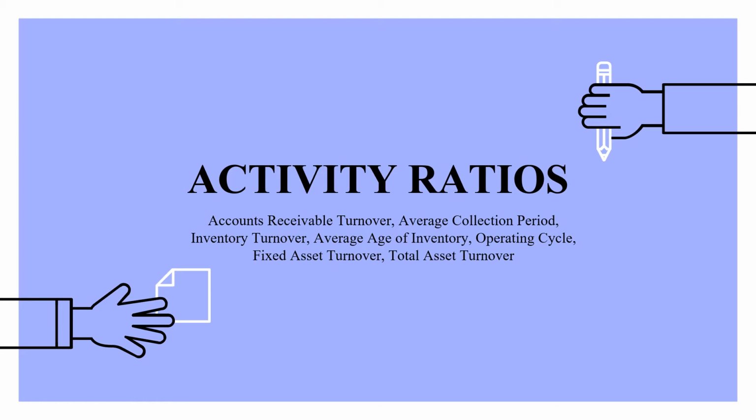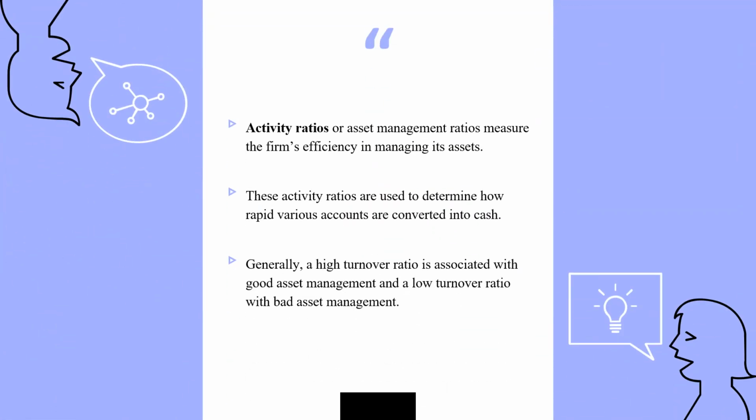So you have here the accounts receivable turnover, average collection period, inventory turnover, average age of inventory, operating cycle, fixed asset turnover, and total asset turnover. So para saan ang activity ratios again? So these are asset management ratios which measure the firm's efficiency in managing its assets. So how efficient the company or the business is in managing its assets.